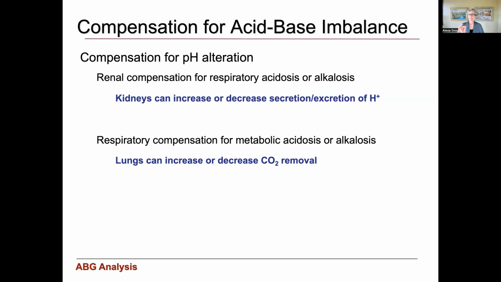It's not going to be that effective because remember that carbonic acid isn't very strong. But in an acidic condition, they can get rid of more CO2, or in a metabolic alkalosis, you can actually start to see the person retain some carbon dioxide. So we call that compensation. We can see evidence of that.